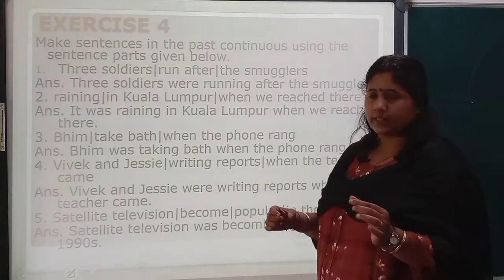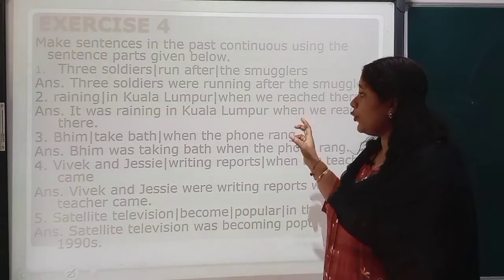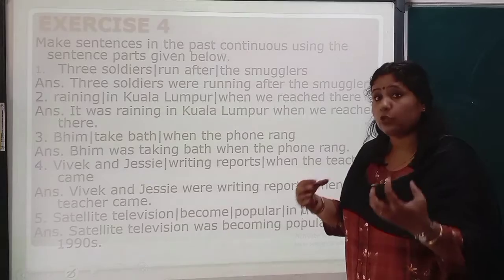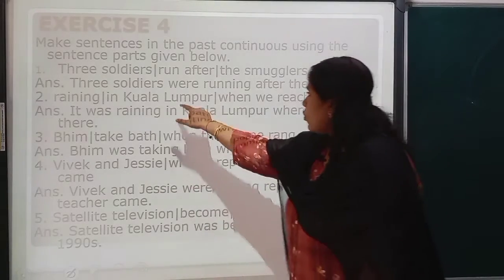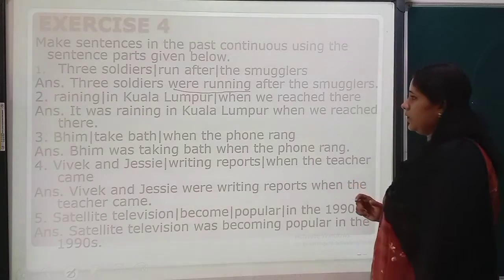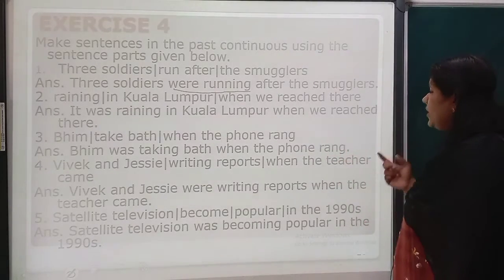So let's start. 3 soldiers run after the smugglers. You have to write a sensible, understandable sentence using past continuous tense. 3 soldiers were running after the smugglers. Raining in Kuala Lumpur when we reached there.